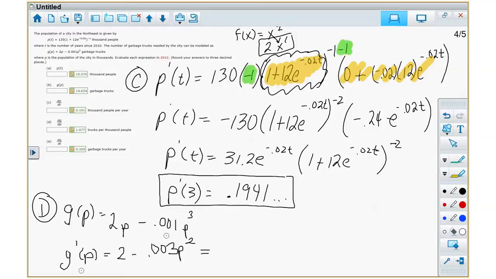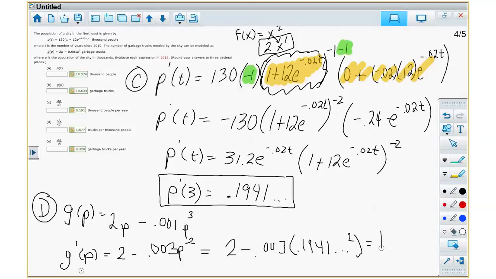And that's going to give you 2 minus 0.003 times 0.1941 squared. And I got 1.9999.